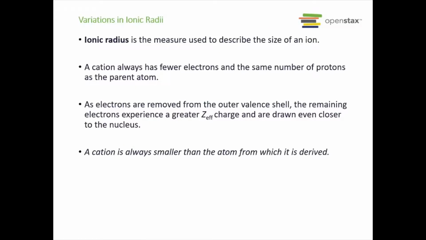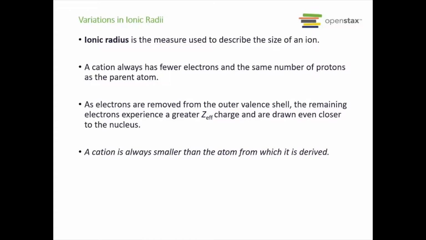So related to that is the ionic radius, and we use this for measuring the size of an ion. So covalent radius is for the size of an atom, ionic radius is for that of an ion. Remember, a cation has fewer electrons, same number of protons as its parent atom. And what happens is as we remove electrons from the outer shell, now these remaining electrons experience a greater Z effective charge because now there's less negativity for them to experience.